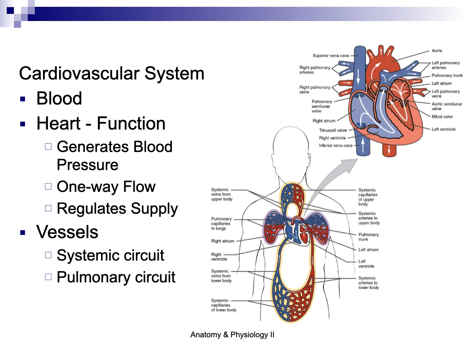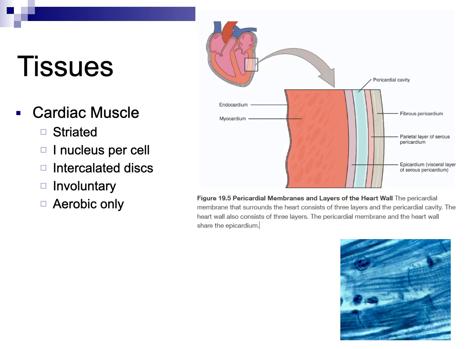And then from the lungs, the blood returns to the heart, and then the heart pumps it to the rest of the body. So the first circuit is the pulmonary circuit, and the second circuit is the systemic circuit. And so the heart is really two separate pumps linked together. And so that's an important thing.